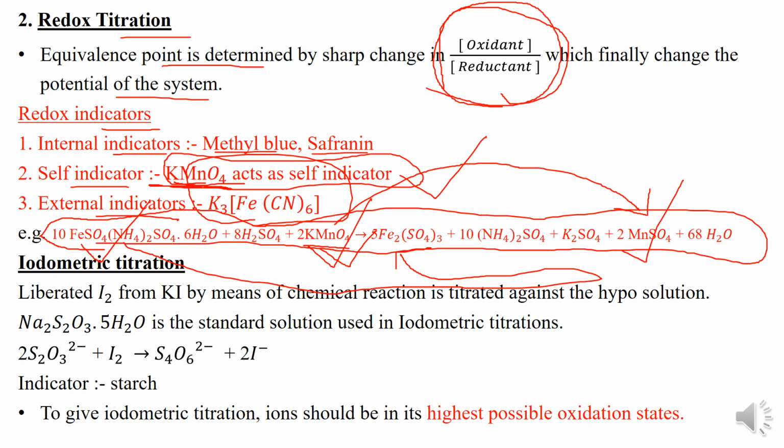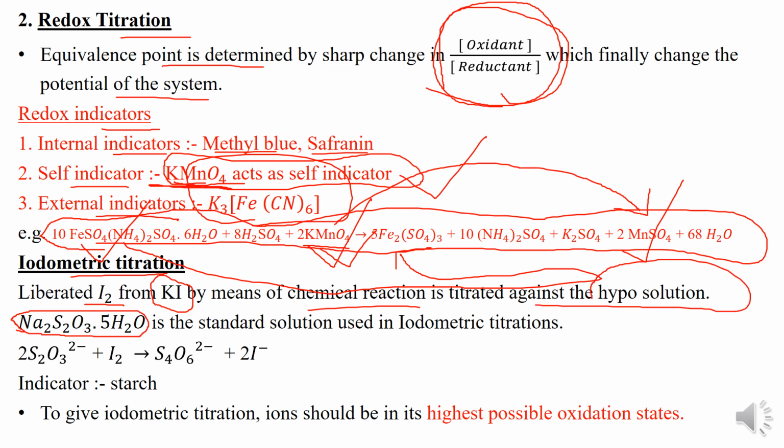Iodometric titration is another type of redox titration. In iodometric titrations, the standard solution used is hypo solution, Na2S2O3.5H2O. It is known as hypo solution. Iodine, which is liberated from potassium iodide by a chemical reaction, is titrated against the hypo solution.